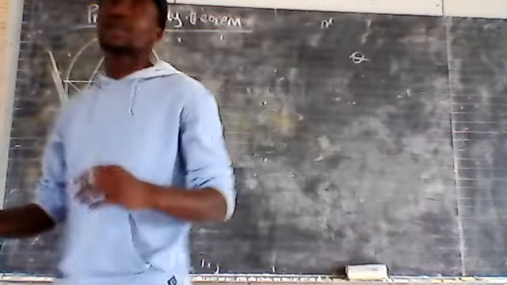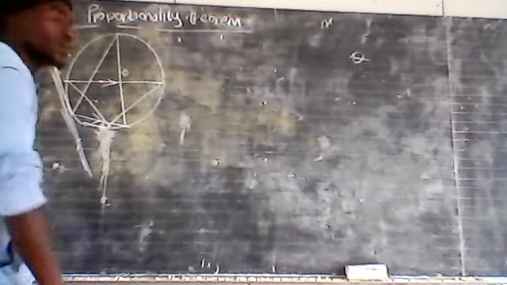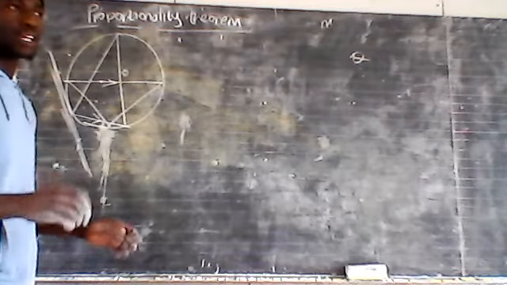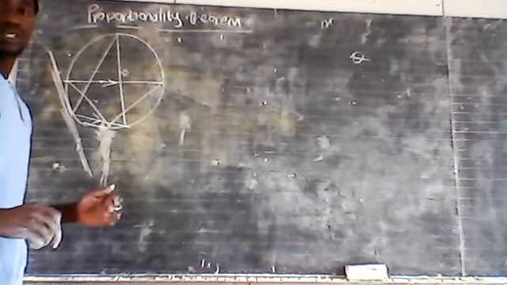So you will always have to prove at some point that certain triangles are similar. Remember we said similar triangles are in the same proportion.